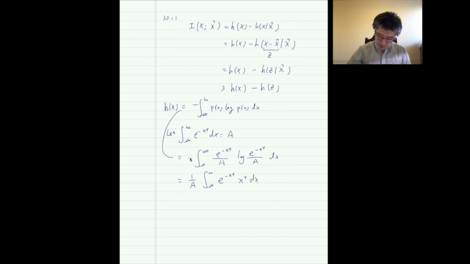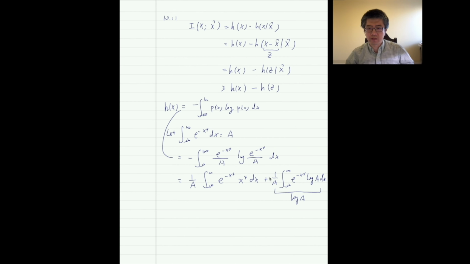The second term is minus log a; again we can cancel the negative sign, but plus here, 1 over a, integral of log a dx.